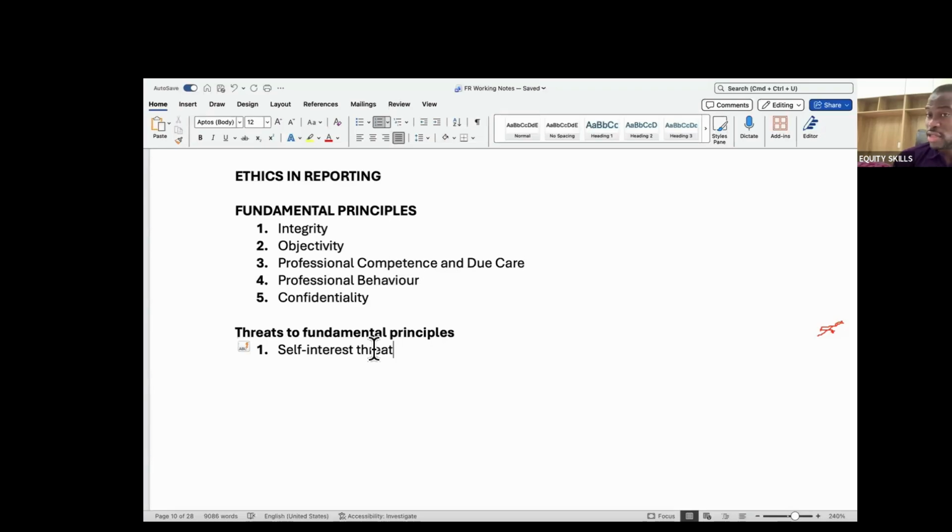If you do the right thing, your financial interest, or that of a close member of your family, might be affected. Maybe they want to employ some set of people, and on the basis of the outcome, you saw that your person is not going to get in.